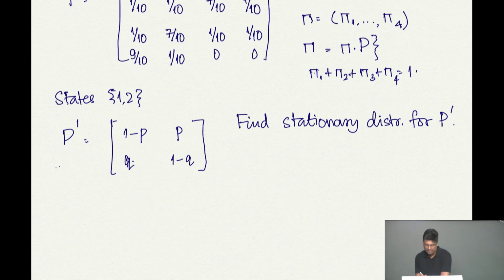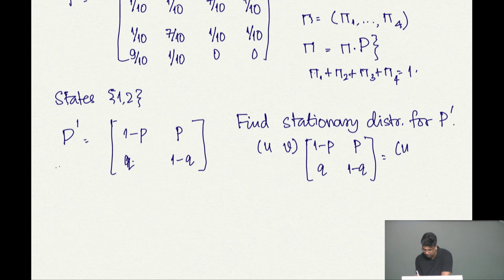So what does it mean? Say (u, v) is my stationary distribution. Then I have (u, v) times the matrix with 1 minus p, and I want this to be the same as (u, v).